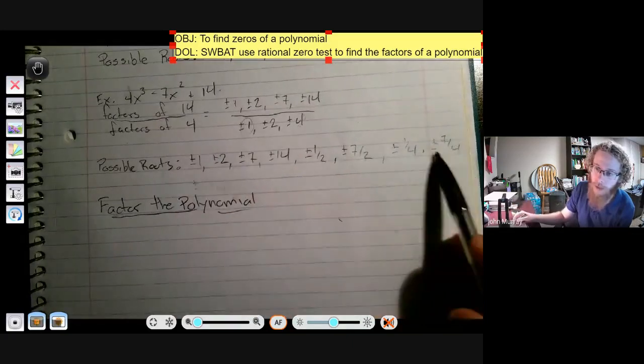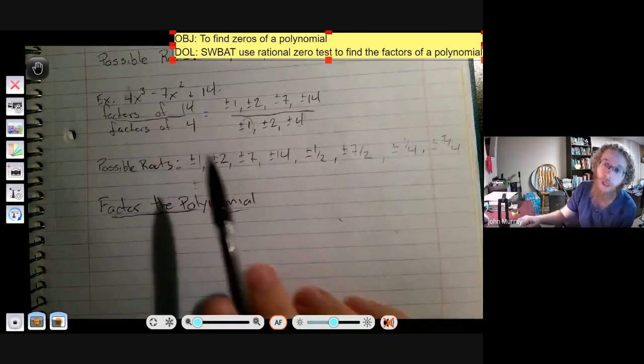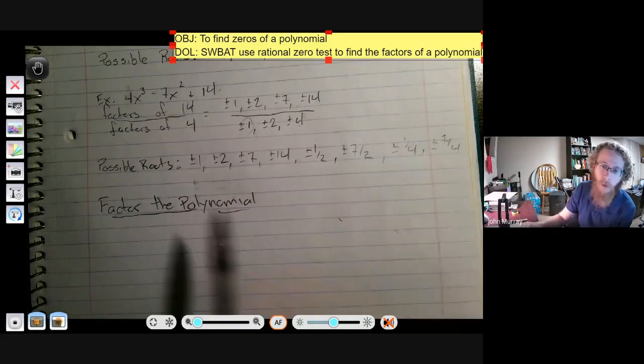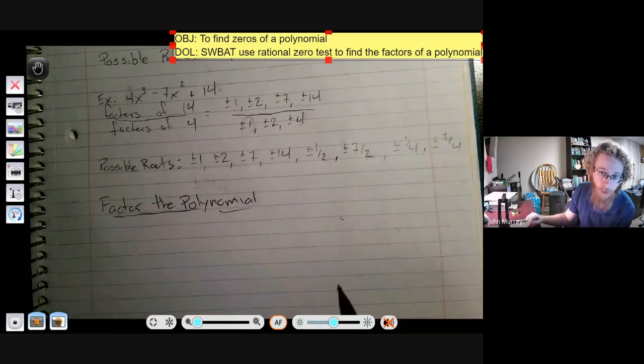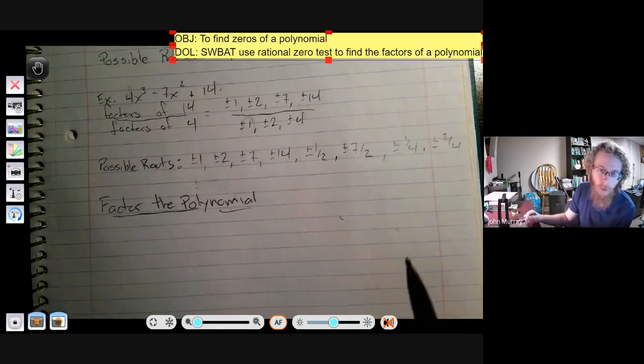You could go through all of these and your only solution might be 7 over 4. Or none of them may be a real solution. I'm sorry, a rational solution. We might have an imaginary number, or we might have an irrational number. So my answer might be the square root of 7. One of the zeros might be a square root of 7. So that's not going to pop up here.